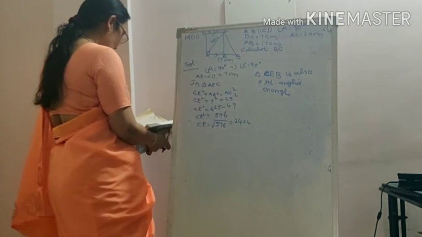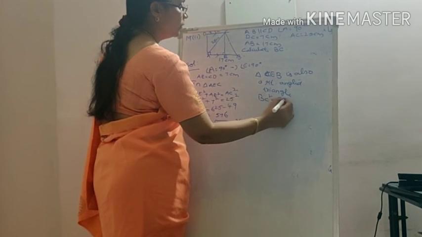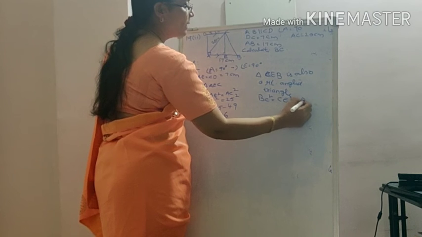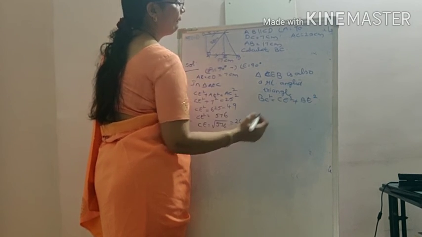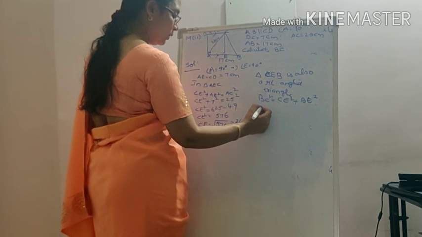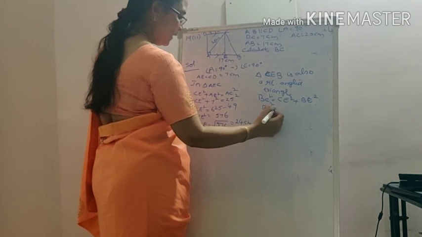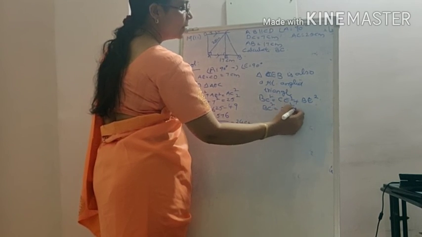Therefore, we can write BC square is equal to CE square plus BE square. CE we had just found.